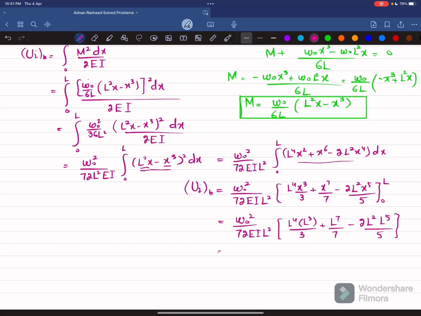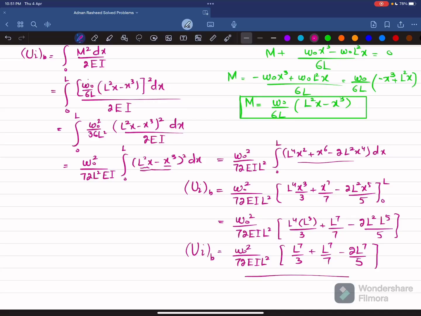Okay, so further simplify: W naught square over 72 EI L square, and that will give you L7 over 3 plus L7 over 7 minus 2 L7 over 5. That will give you strain energy due to bending.